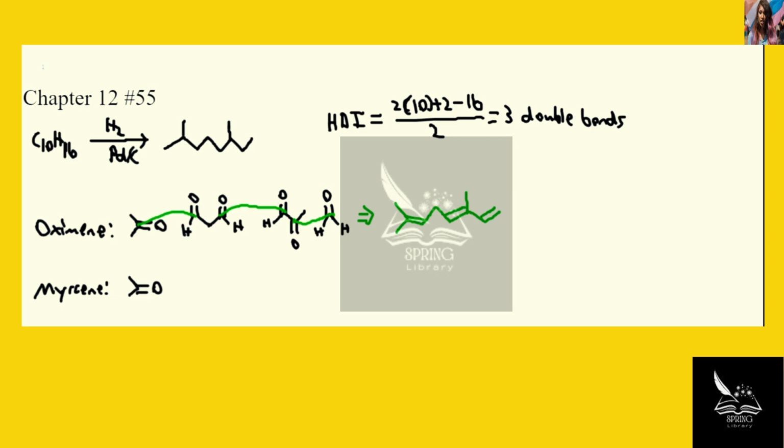1, 2, 3, 4, 5. So we have a 5-carbon linker section in the middle here. A ketone here and an aldehyde right here.